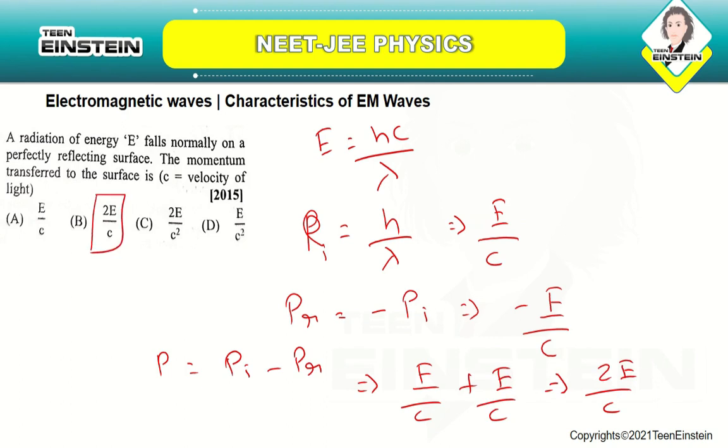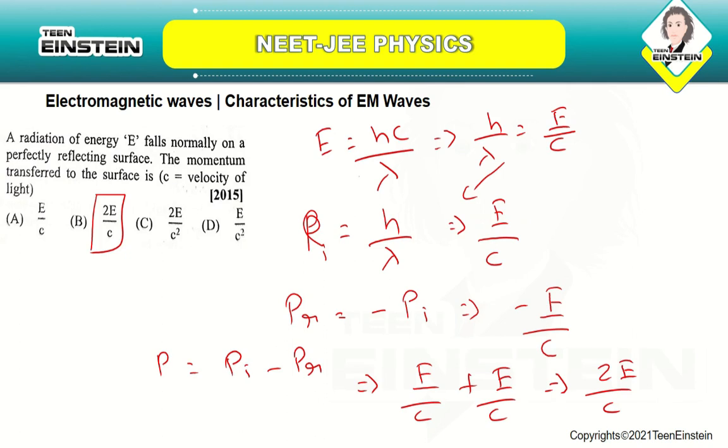You are just making use of the energy of the radiation formula E equal to hc by lambda, and for the momentum of incident radiation you are calculating Pi is equal to h by lambda, which is equal to E by C. You are just substituting from this, taking h by lambda as E by C. The momentum of the reflecting surface will be in the opposite direction, so PR equal to minus of Pi, which is minus E by C. The total momentum transferred is given by Pi minus Pr, the difference of the incident momentum and the reflected momentum.